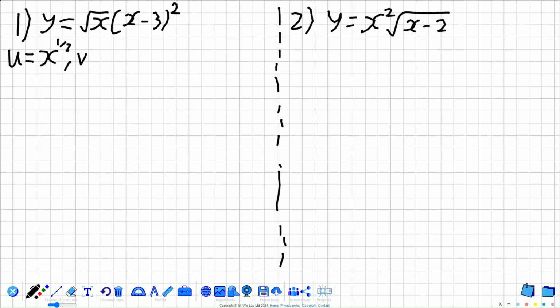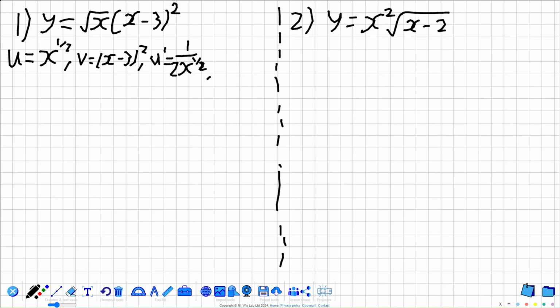And we've got v equals x minus 3 squared, and u dash equals, the derivative of root x is 1 over root x, but that will actually be 1 over 2x to the power of 1 over 2. I'm forgetting my derivatives here.